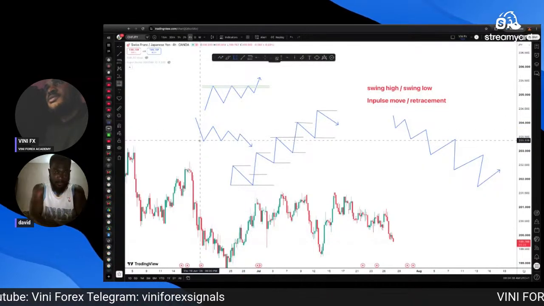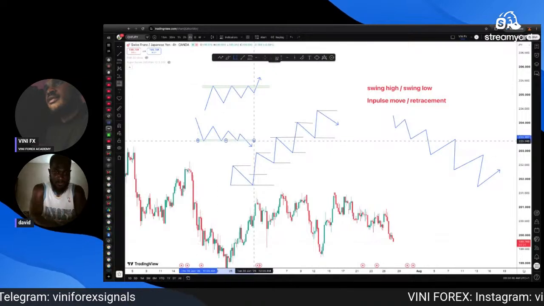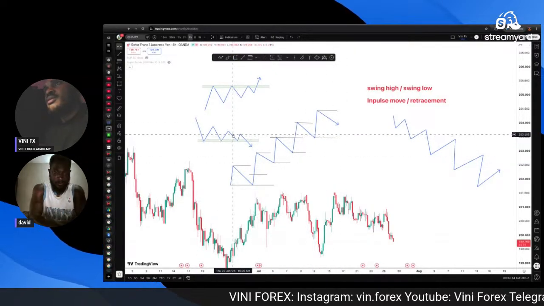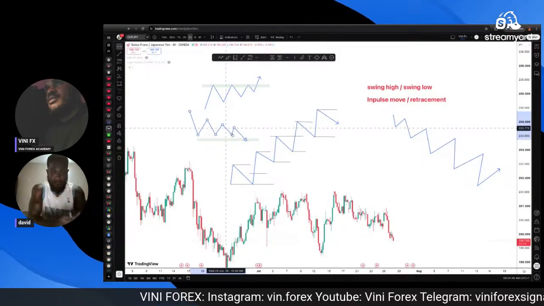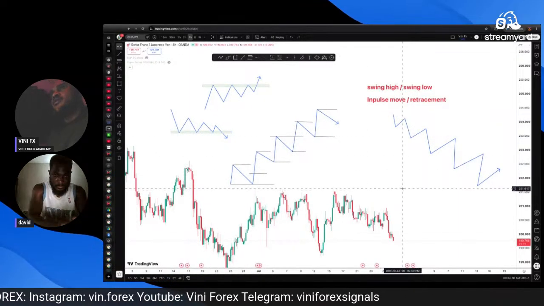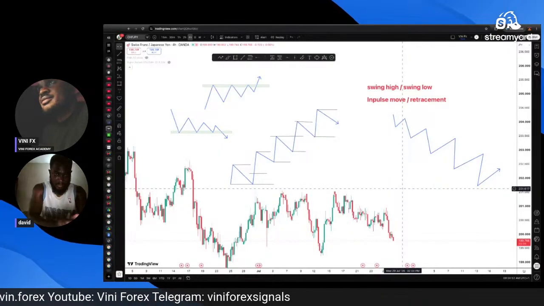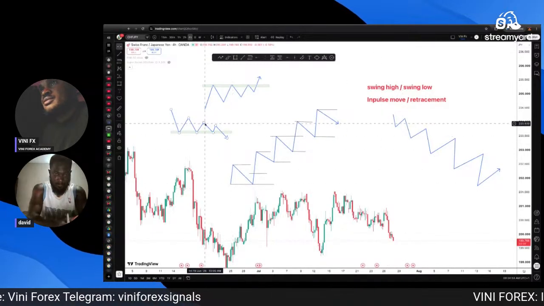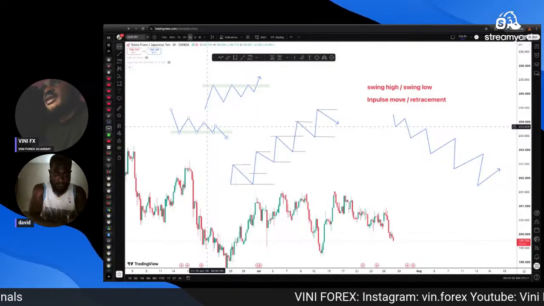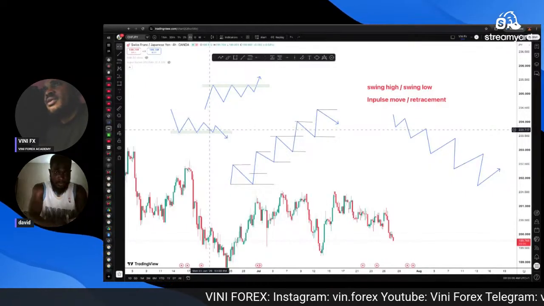At this point is where we have the equal lows. Have you seen that? Three equal lows. Sometimes it must not be three, sometimes it can be two, sometimes it can be three, sometimes even four. Okay.